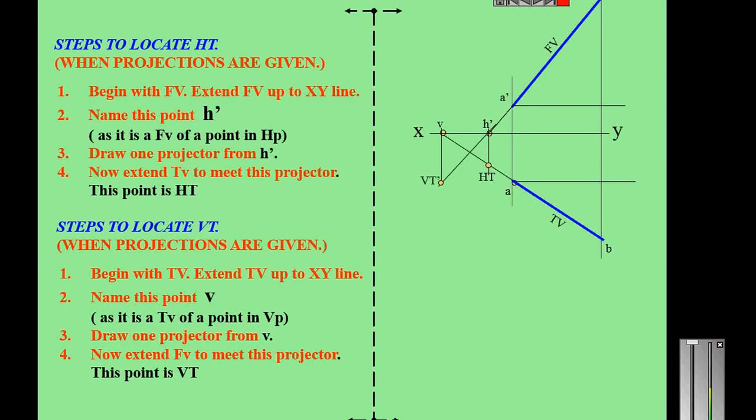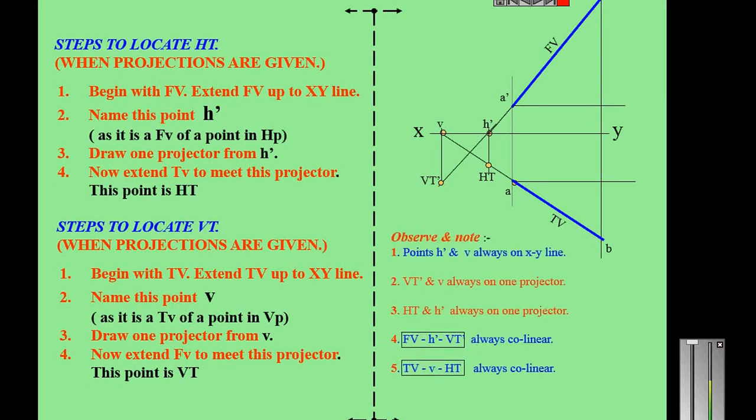So the vertical trace VT and v will be on the same projector line. And you can see that H dash, the front view and VT will be in a single straight line, and v, HT and the top view will be on the same line.